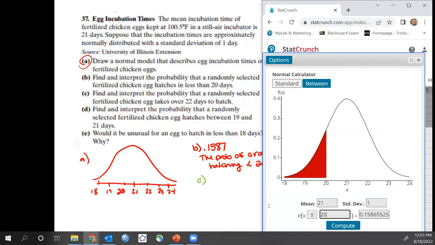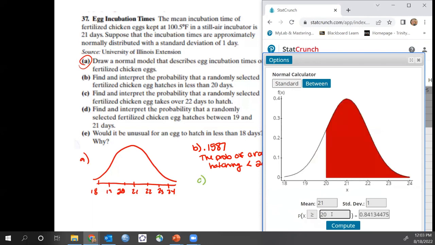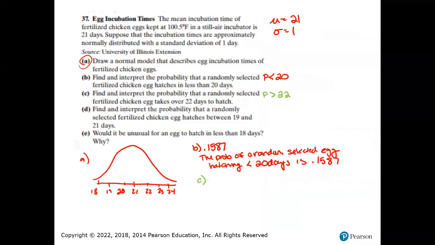So greater than or over means greater than, and I want 22. Okay, it is going to give me the same answer because it is 1 standard deviation above, whereas the other one was 1 standard deviation below. So same answer here.